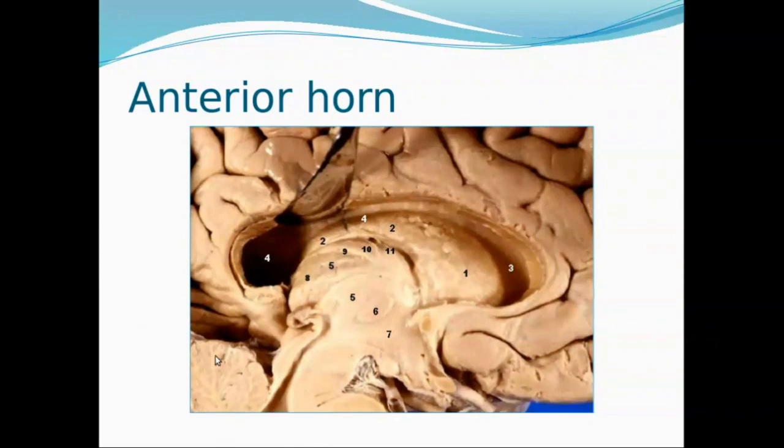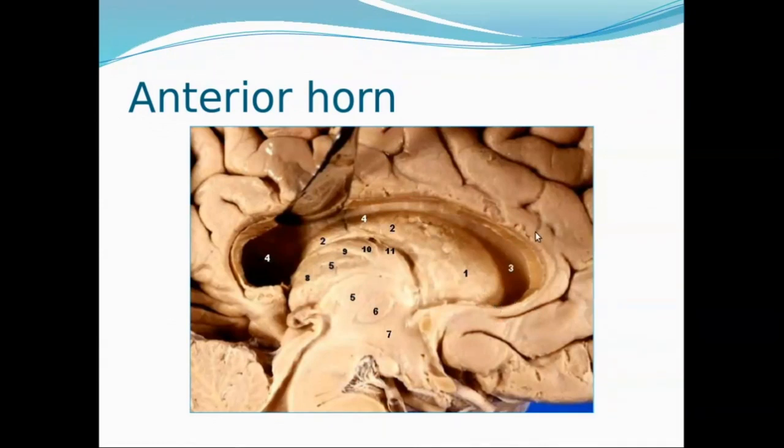So now you can see in this, yes, this is the anterior horn. What is in front? Genu. So that will form the anterior wall. Above is the body of the corpus callosum. Below is the rostrum and also the head of the caudate nucleus.